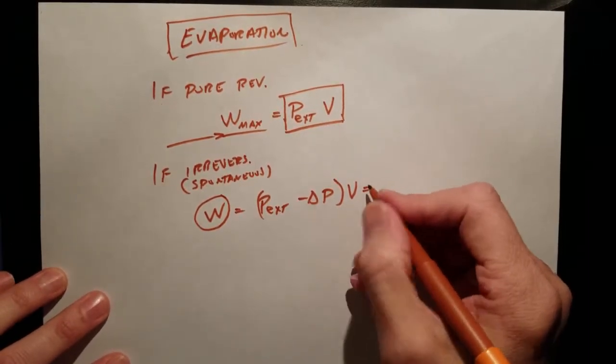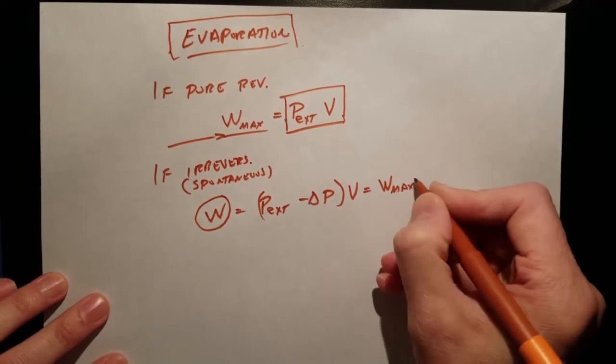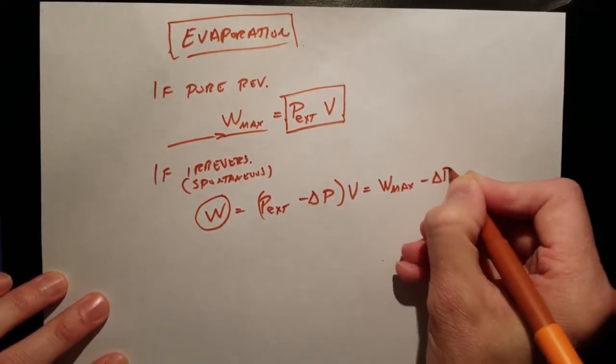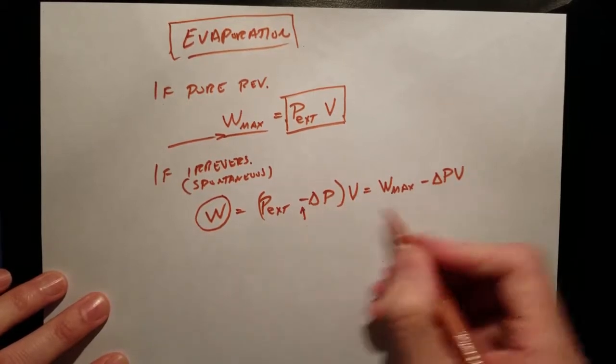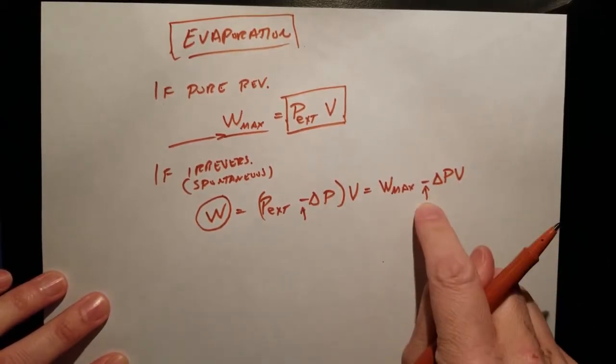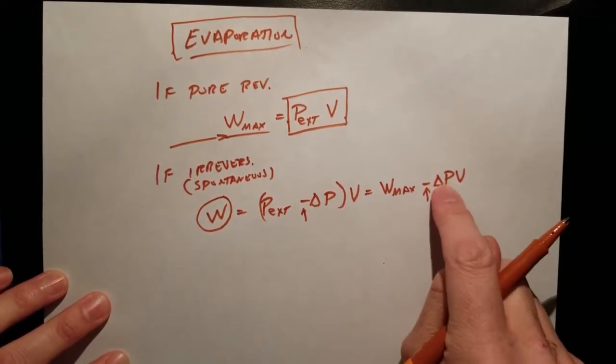And that is equal to W max minus delta P V. Remember again that we're putting our signs in to specify the direction, and delta P is just a magnitude.